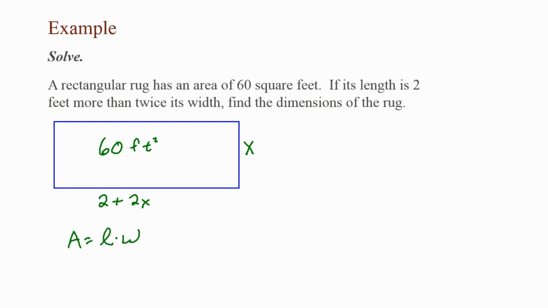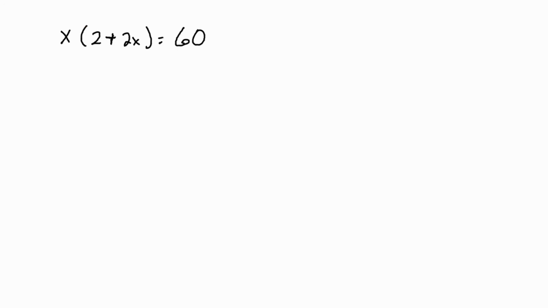So I can set up my equation as x times 2 plus 2x equals 60. Distributing my x, I have 2x plus 2x squared equals 60. I can rewrite that as 2x squared plus 2x, subtracting 60 from both sides, minus 60 equals 0.